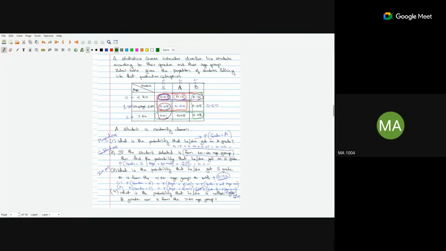So whatever I want is whichever is not in the green circle. So I have to add up all these 4 values. All these 4 values are neither B grade nor from the greater than 60 age group. So 1 minus of these values you can do, or you can simply add these 4 values and you will get the answer as 0.45.